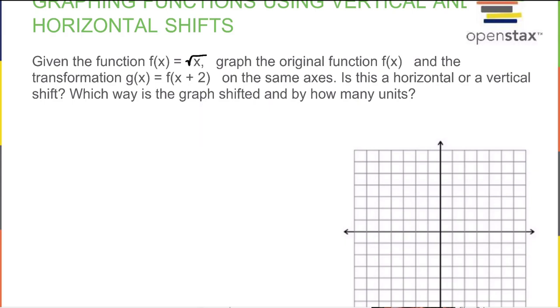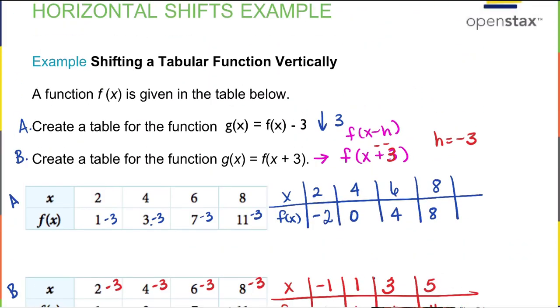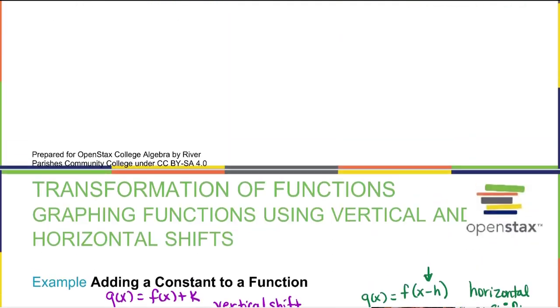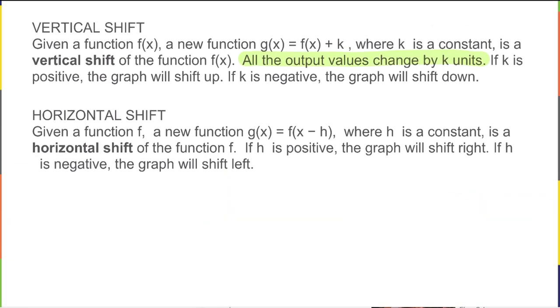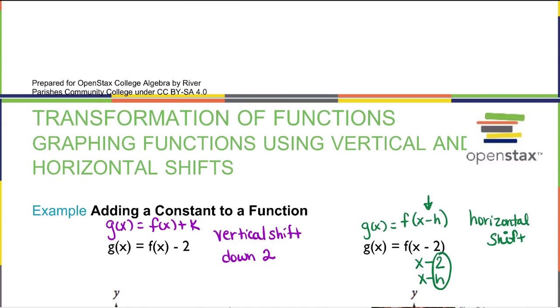So for this one, you've got it in parentheses, and I just want to show you the difference up here. If it's in parentheses, the shift is in the parentheses, that's a horizontal shift. If it's outside the parentheses, that's a vertical shift.